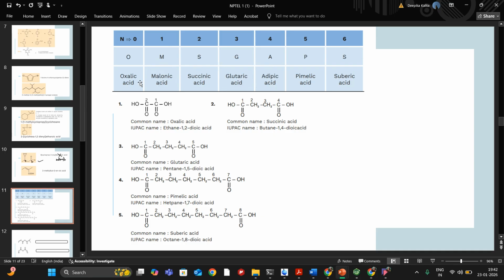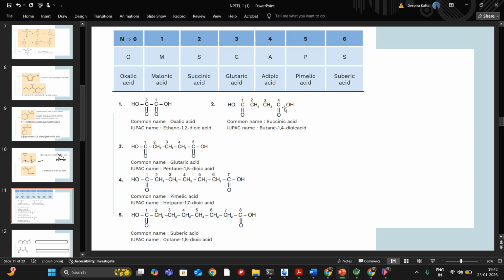For oxalic acid, there are zero carbon atoms between the two carboxylic acid functional groups. Similarly, for malonic acid there will be one carbon atom, and for succinic acid there will be two carbon atoms between the carboxylic groups.